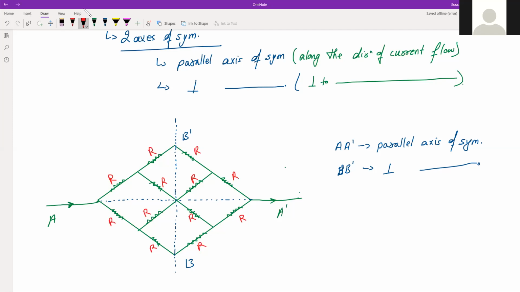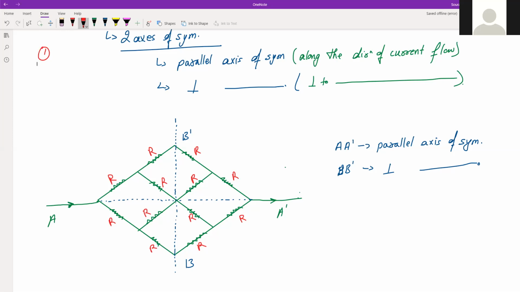Right? So this axis of symmetry is not mandatory. It's not always present. An axis of symmetry will be there only if the network has symmetry. So that is the first part which we have to do, to identify the parallel axis of symmetry or perpendicular axis of symmetry.